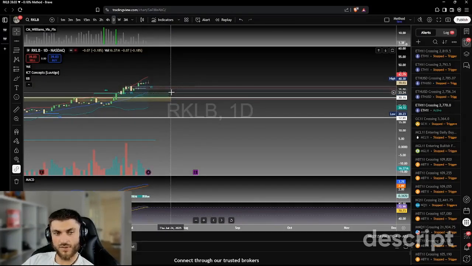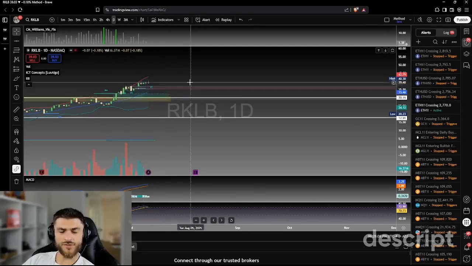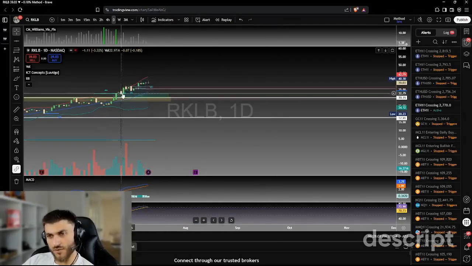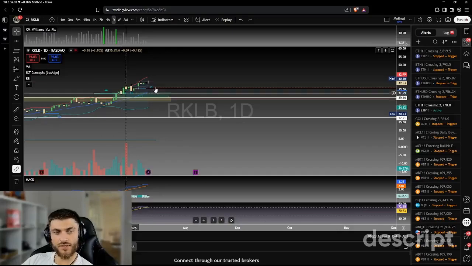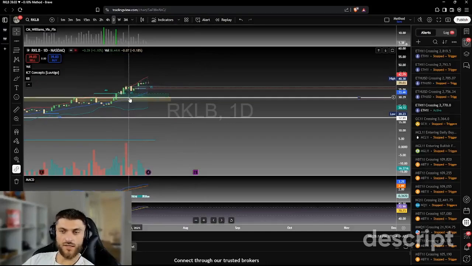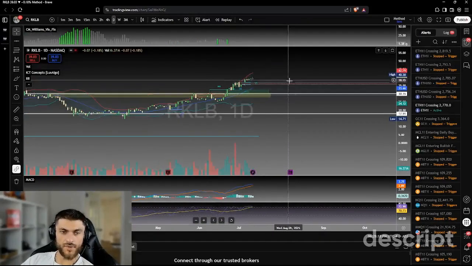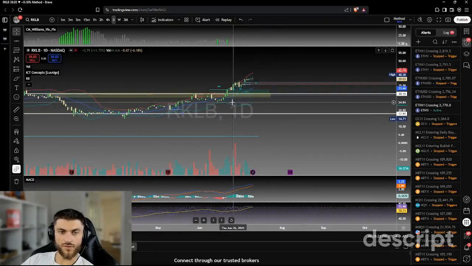I wouldn't be getting worried unless you lose this level from this most recent market structure shift, which is going to be around 32.60. So above 32.60, I'm bullish. Below 32.60 and 30.39, I would be looking for probably some serious downside.